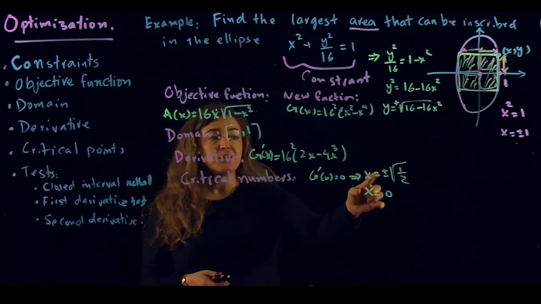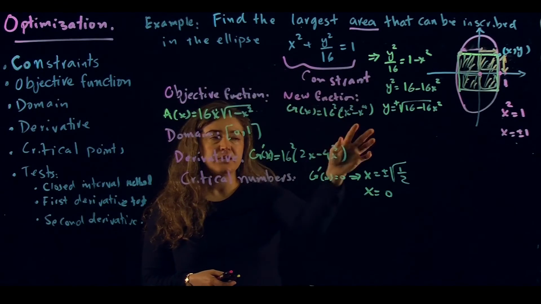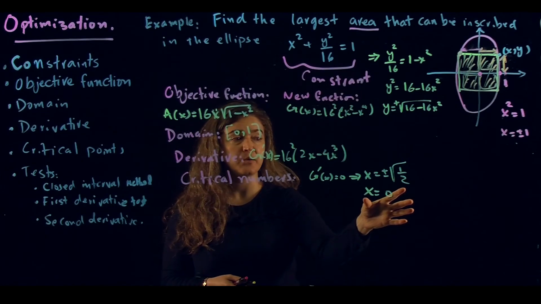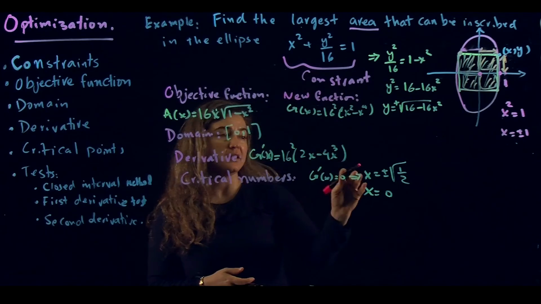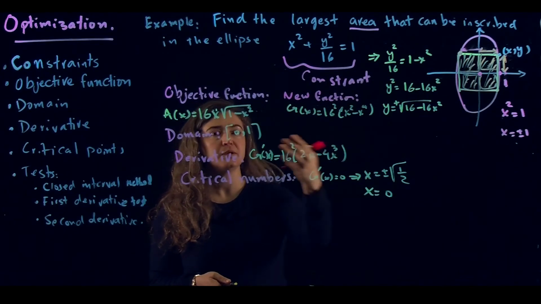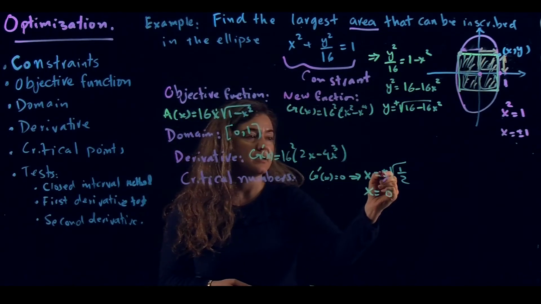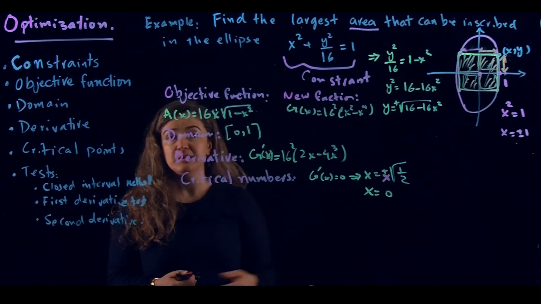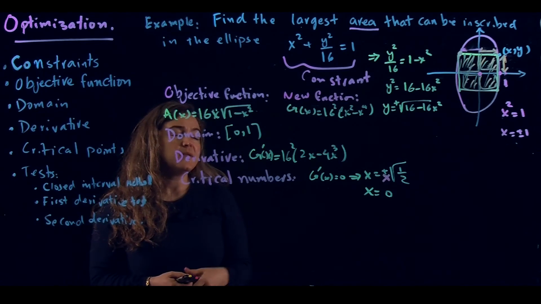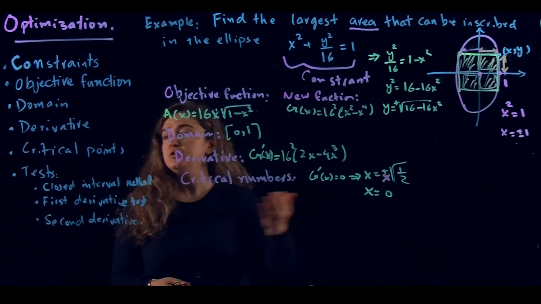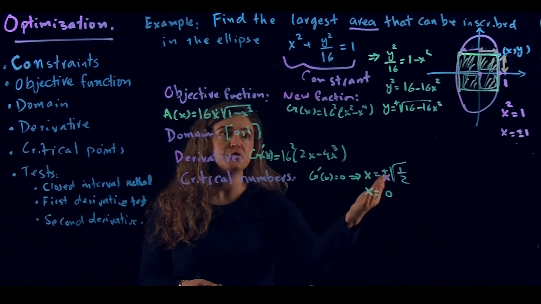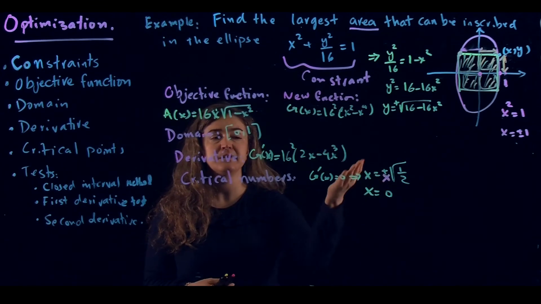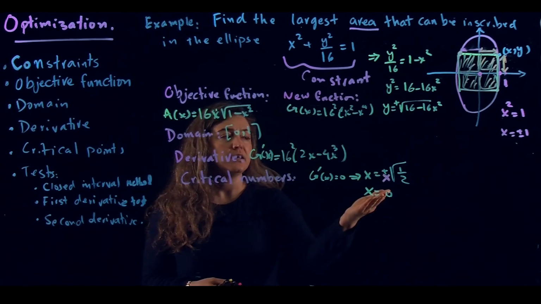Now we found for the new objective function 3 different critical numbers. One of them can be eliminated right away because it's not within the domain of the area function. So negative square root of 1/2 can be eliminated right away. The other two, I can now use the closed interval method to find what, if any, of them creates the maximum area.